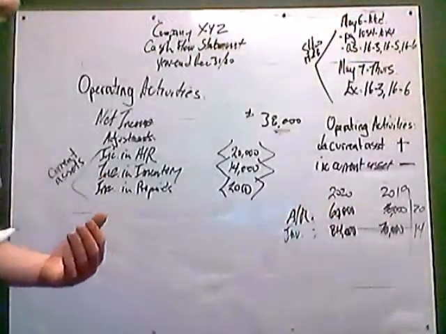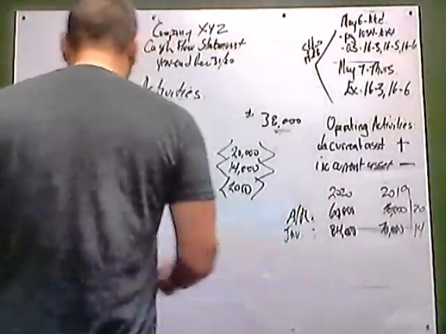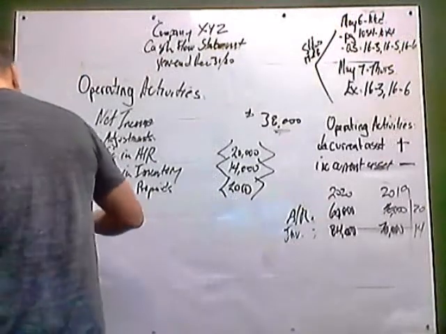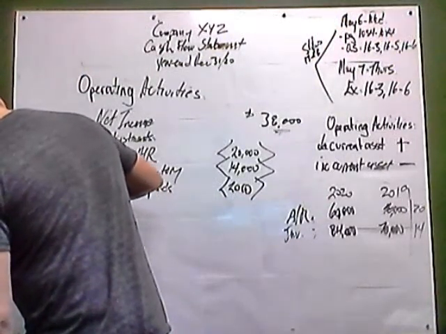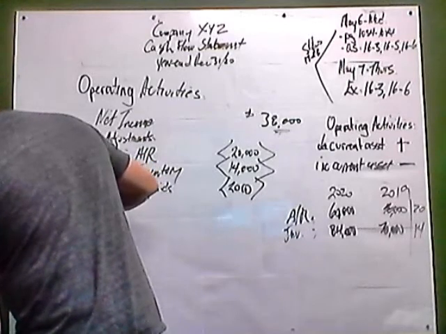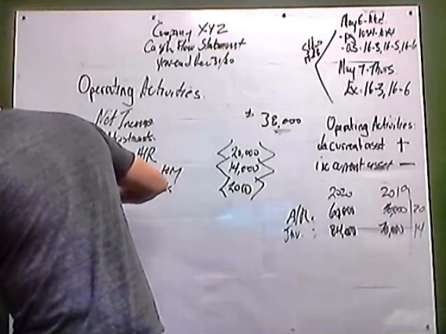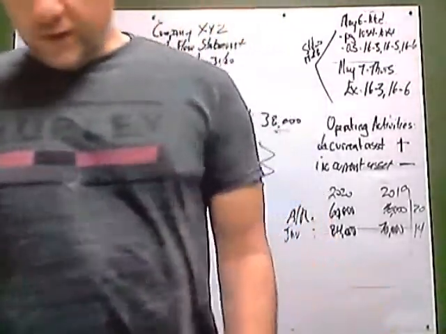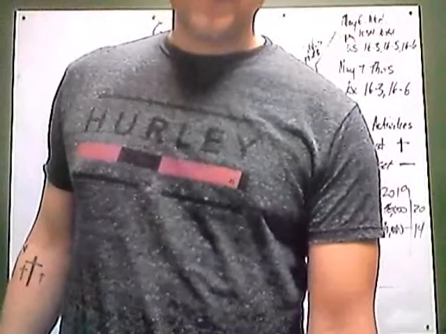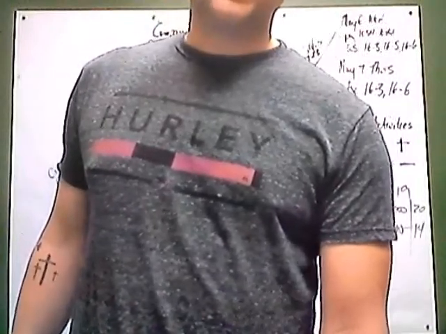Now what we're going to do is go look on the balance sheet, at our current liability section. Current liabilities is a little bit different.